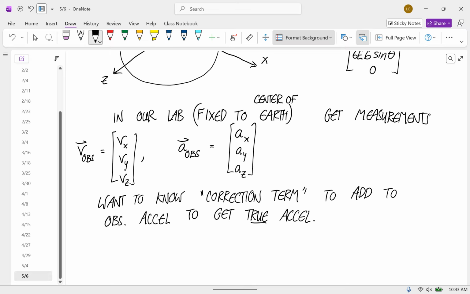Any questions about that? Wait, when you say true acceleration and the other one is? Observed acceleration. Yes, so that's saying somehow you have acquired a floating chair that has zero acceleration, and it just hovers there with zero acceleration, and so all the measurements your video camera takes are correct.